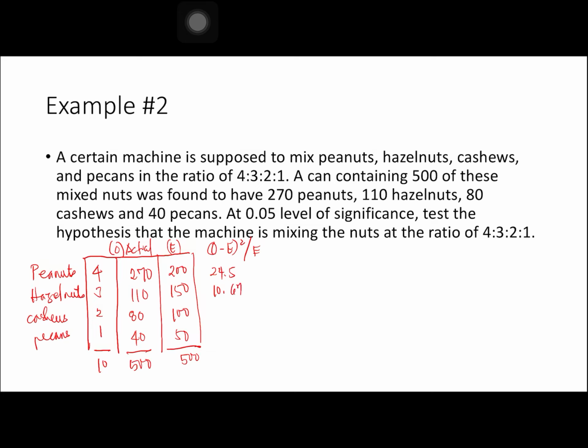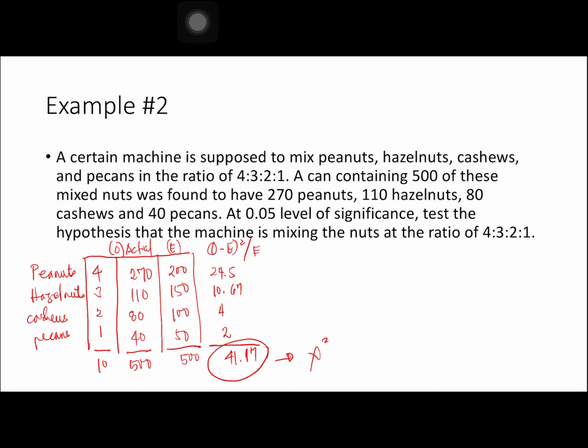And then we have there 80 minus 100 squared divided by 100 is 4. And then we have there 40 minus 50 squared divided by 50, we have there 2. Then we get the sum, we have here 41.17. So this is our computed value of chi-square.